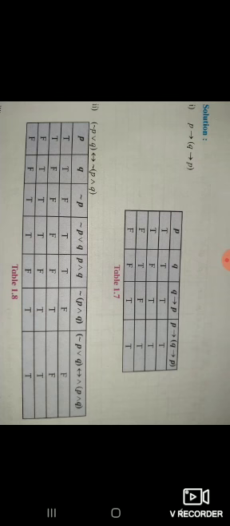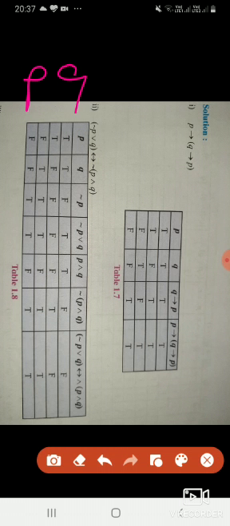Now listen, see the second sum. For the second sum, what have we taken? We need P, one column, and Q. Only two variables, we have used 2 statements. Then here we need the negation of P, that's why negation of P is one column.